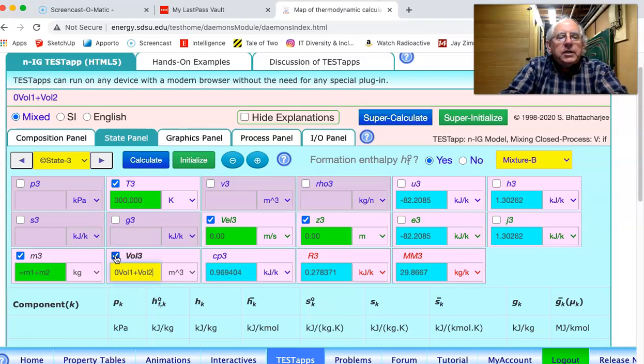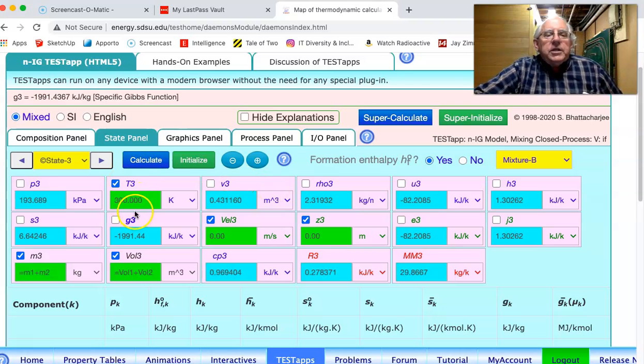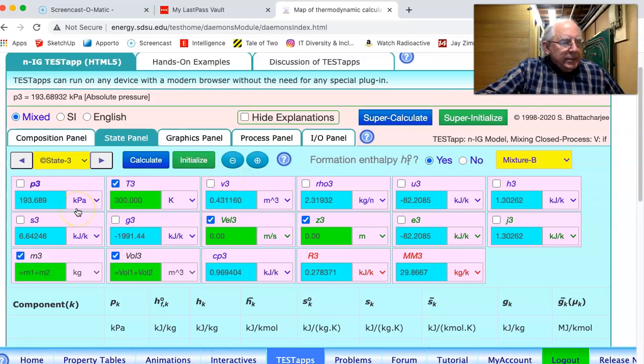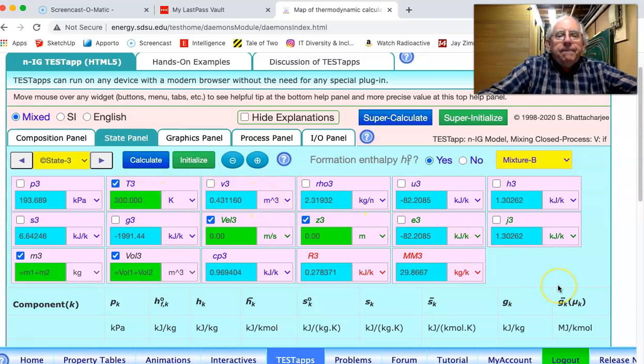We've done this a number of times. With the mass and the volume determined, that gives us the specific volume of the mixture. We know the temperature, and those are our two independent thermodynamic properties, so it's able to determine the final pressure.